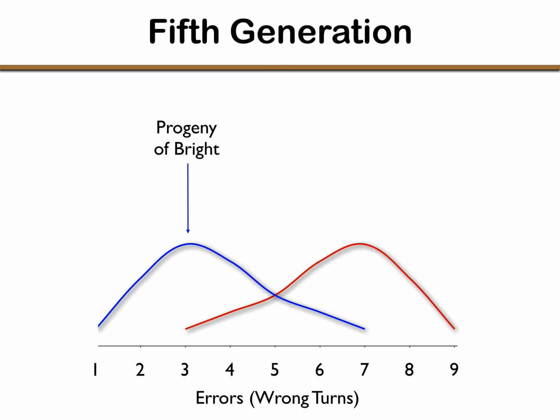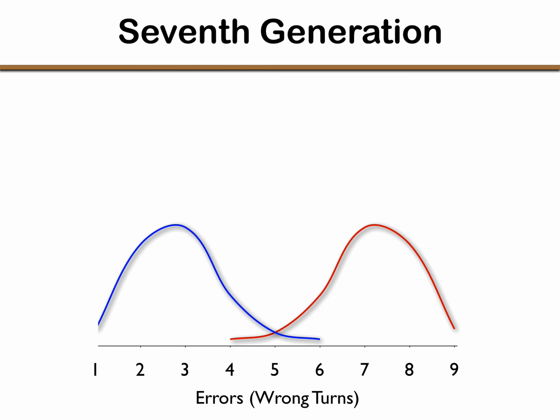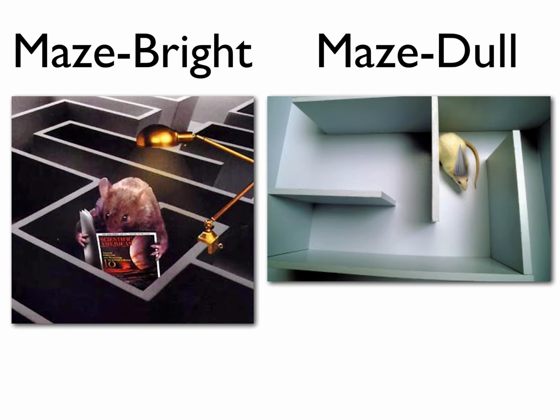Fifth generation, these curves start to spread out even more. By the seventh generation of that breeding, you have almost non-overlapping distributions. In other words, they were successful in creating a strain of bright rats that make very few errors when running the maze, and a strain of dull rats that make a lot of errors when running the maze. So there's our maze bright rats, as they called them, and our maze dull rats, as they called them.